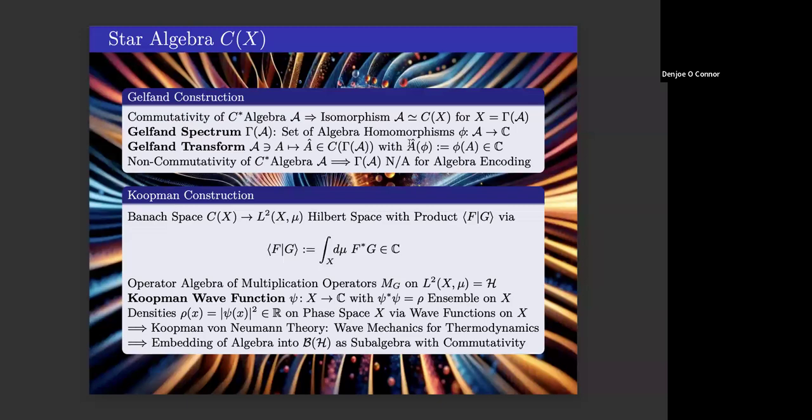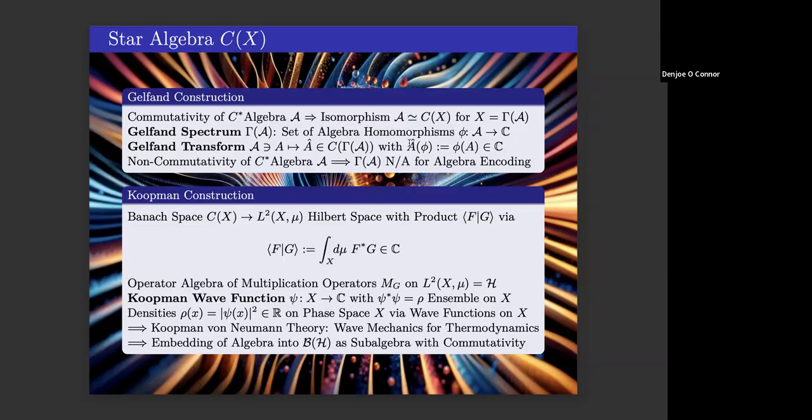And the definition of this Gelfand transform is just that this function A-hat of phi, where phi is this algebra homomorphism, is just phi of A. It's just a very natural pairing.